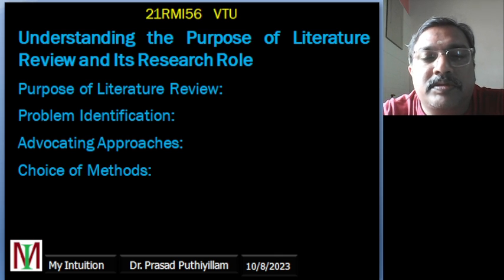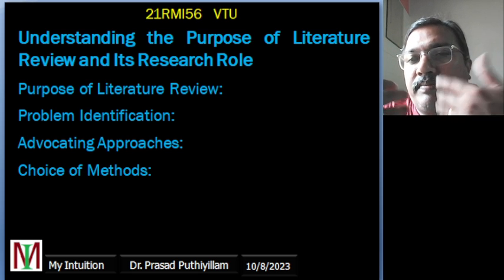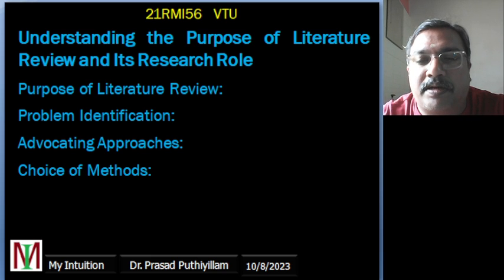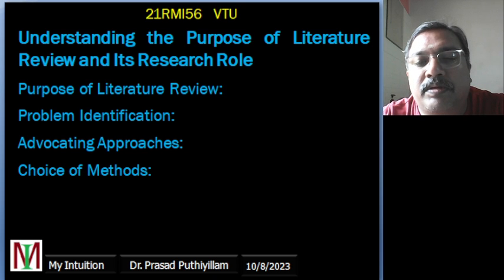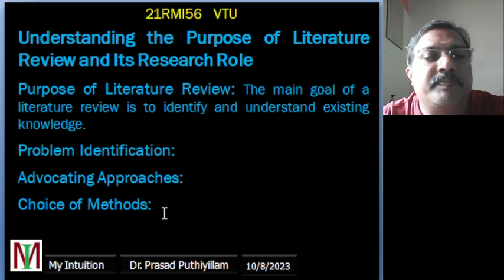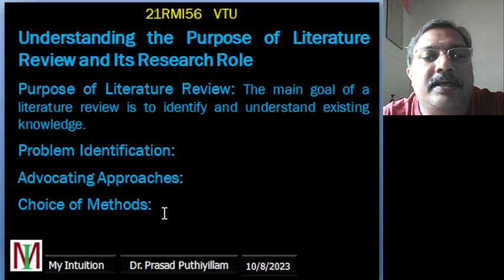So a research literature review is not only about knowing what is out there, it is also about gaining insights into how we can plan and shape our research approach. The main goal of a literature review is to identify and understand existing knowledge.